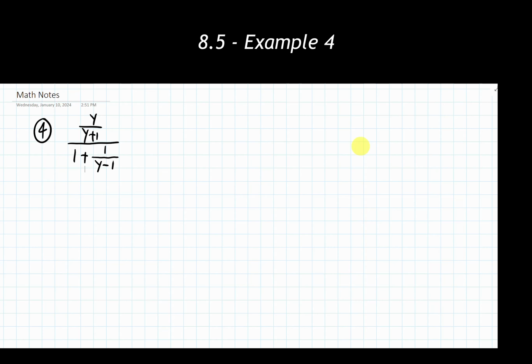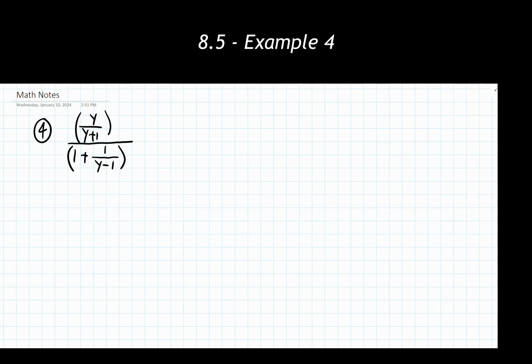Looking at our final example, we're still going to use that exact same process that we've been using up till now, just seeing what's going to give us. So I'm looking at my numerator and the denominator individually. Again, I think it's very handy to put parentheses around this, just to show where numerators and denominators are starting and ending and all of that.